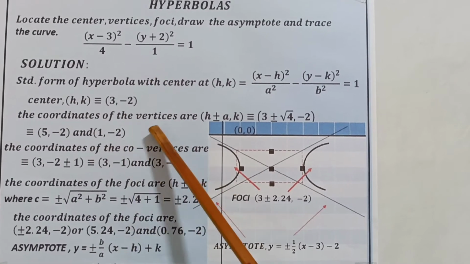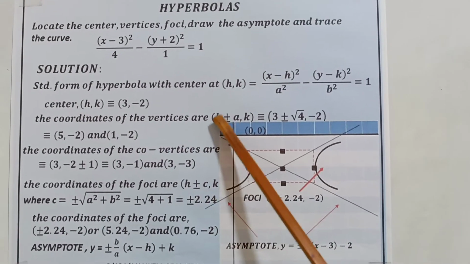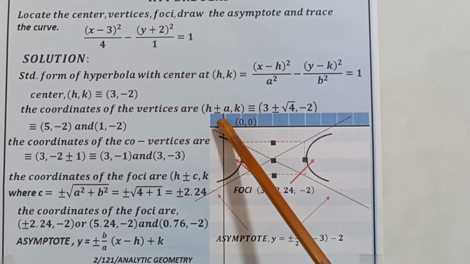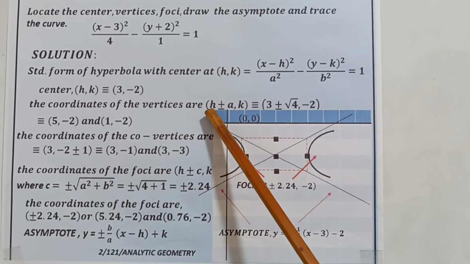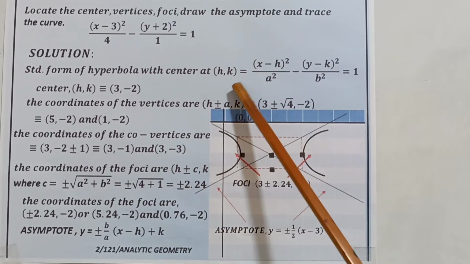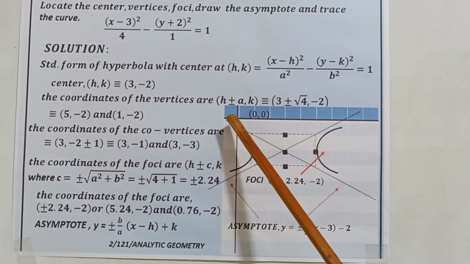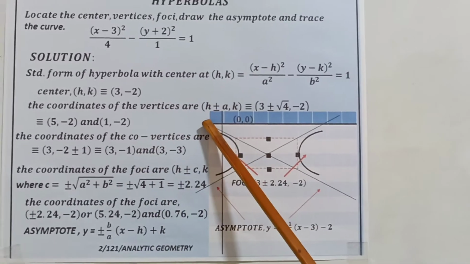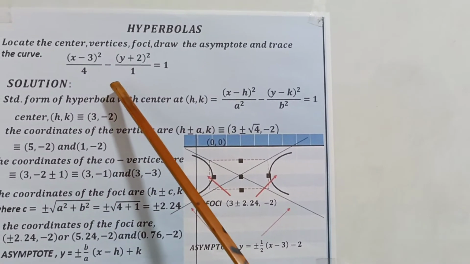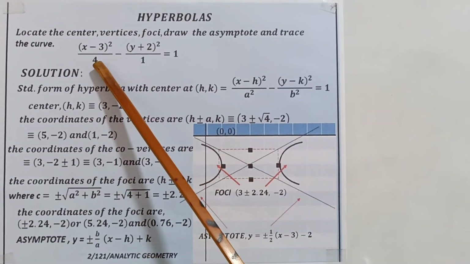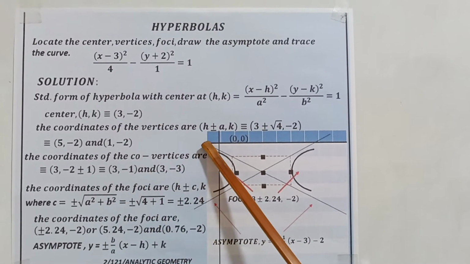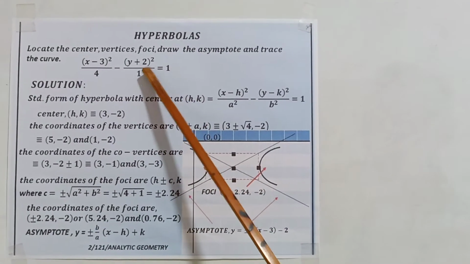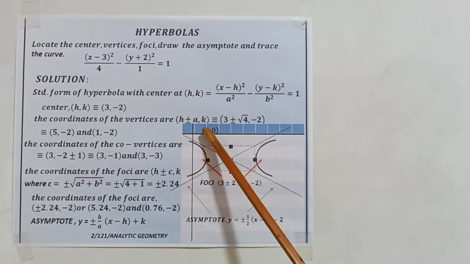The coordinates of the vertices are, as we said, the transverse axis is parallel to the x-axis. So the coordinates of the vertices are h plus or minus a, the square root of the denominator here, and k, k is this negative 2.